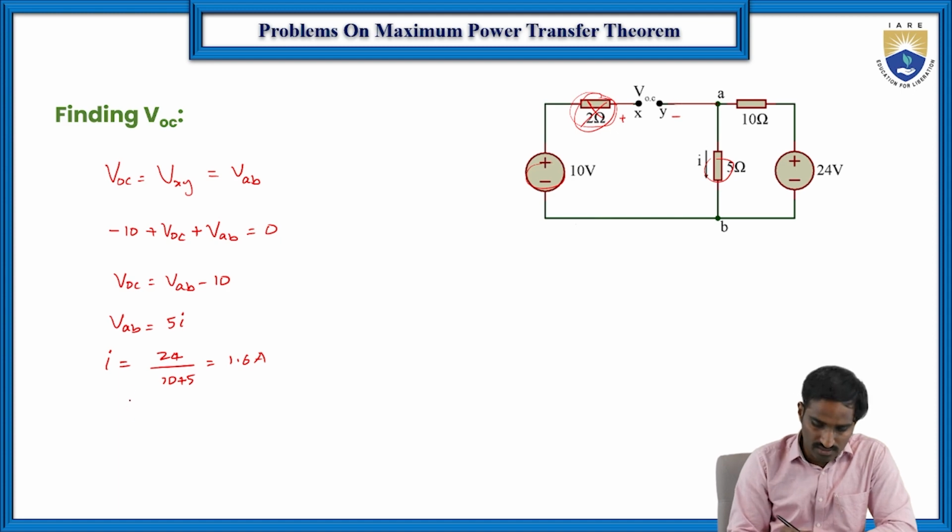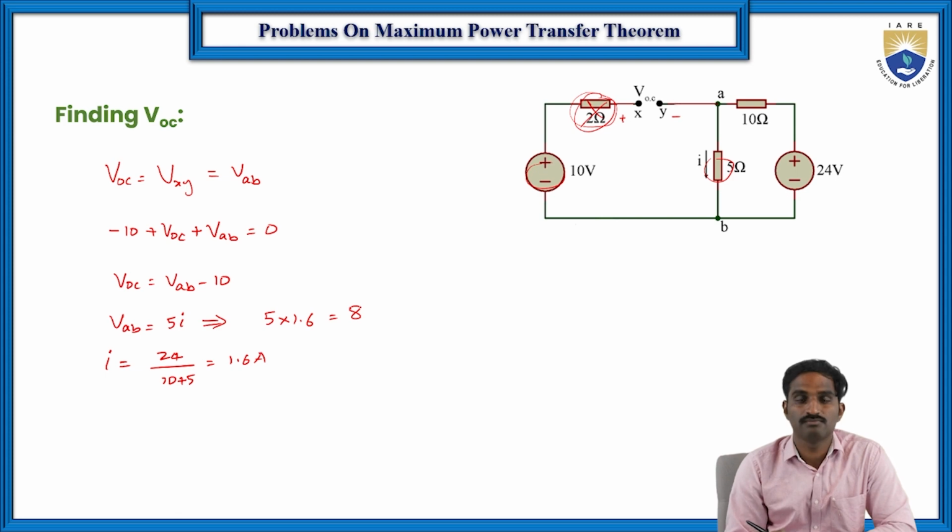Then substitute here VAB. So VAB is equal to 5 into 1.6, which is equal to 8 volts.